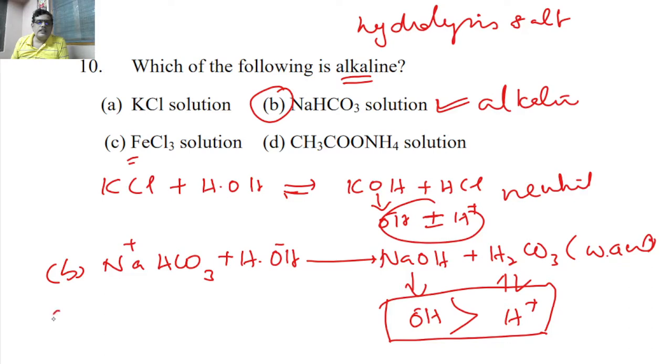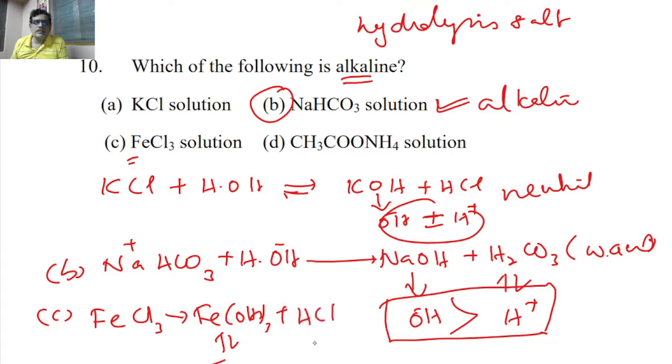Ferric chloride, see if you observe ferric chloride, after hydrolysis it becomes ferric hydroxide. So a weak electrolyte produces only a small amount of hydroxide and this will be HCl. So it produces a large amount of H plus. So H plus will be more than OH minus. So this solution C will be highly acidic.